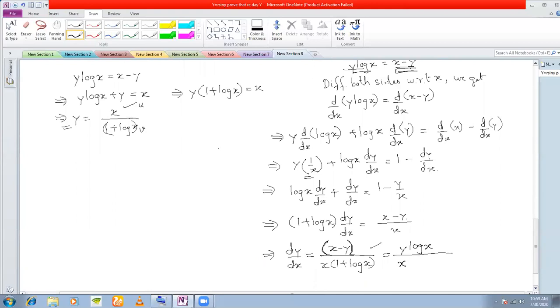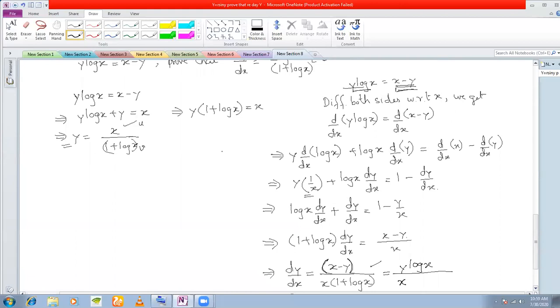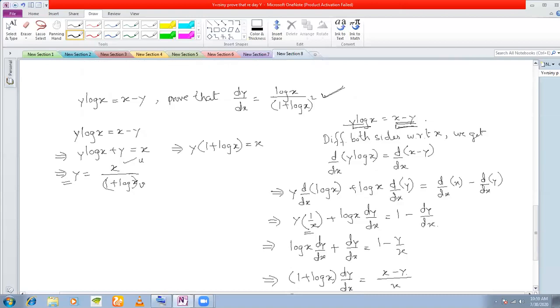Okay, so what is 1 plus log x from here? My function was this, right? That means here I can write y log x.